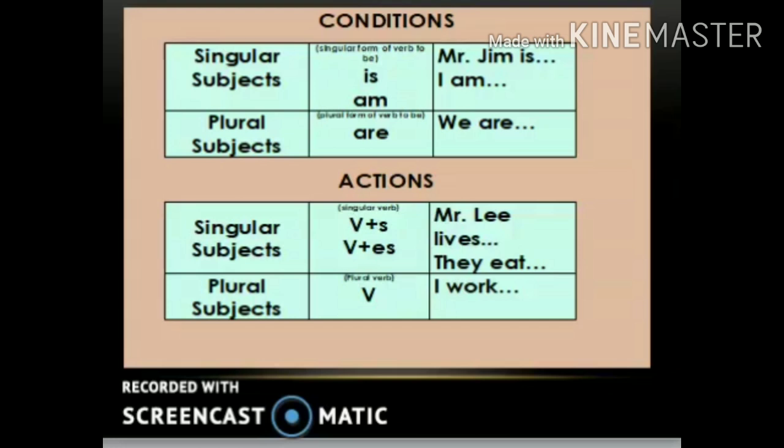Look at the chart. It shows the patterns of sentences in the simple present tense.